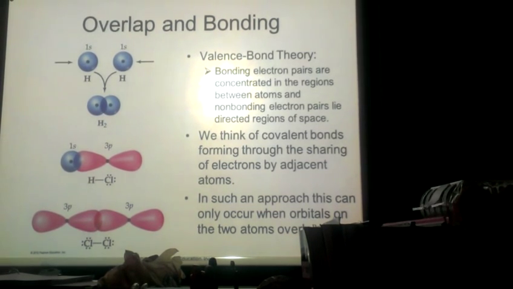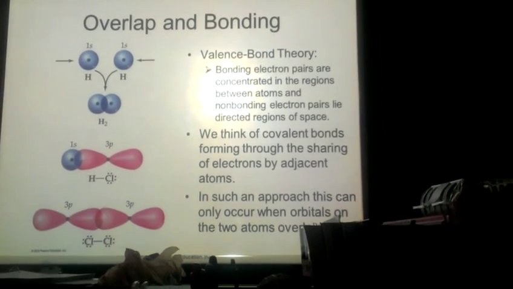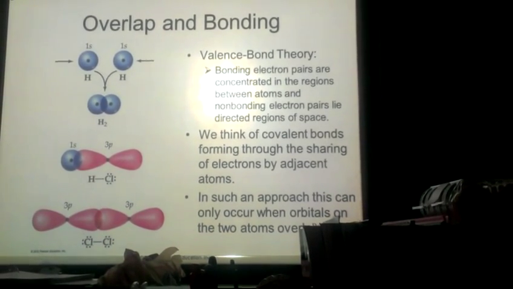In valence bond theory, we visualize the buildup of electron density between the two nuclei as occurring when a valence atomic orbital of one atom shares space or overlaps with that of another atom. The overlap of these orbitals allows the two electrons of opposite spin to share space between those two nuclei, and that's what forms the covalent bond.